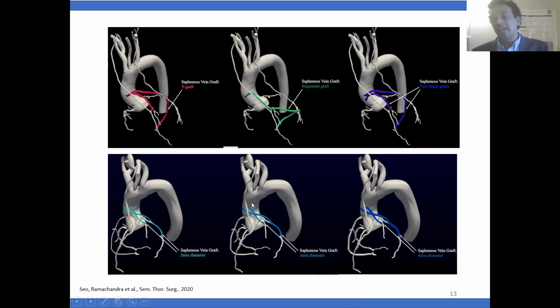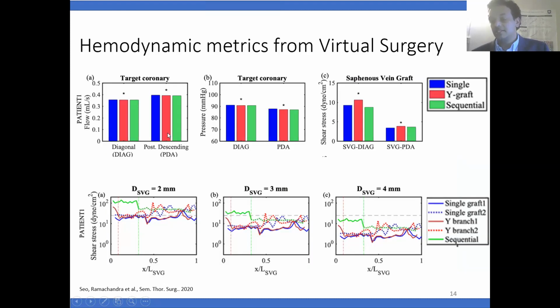And we were virtually able to modify the configuration of the grafts within a patient. Also, we modified the diameter of the grafts, because the surgeons sometimes have the freedom to pick the vein they want to suture to a target. And by doing that, we were able to come up with a clinical guideline on what's the best configuration for a given patient and a given geometry.